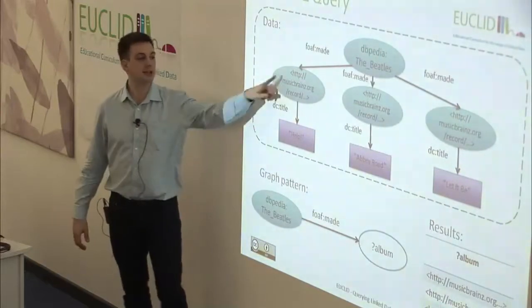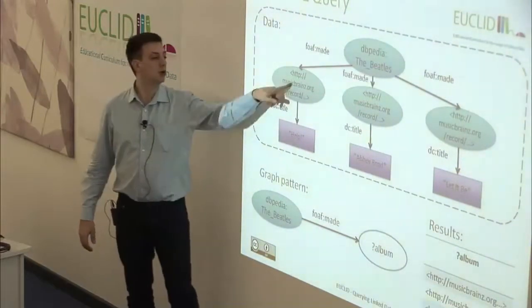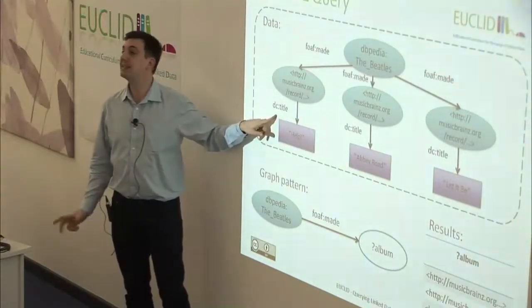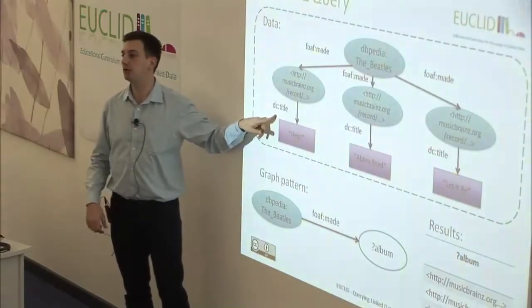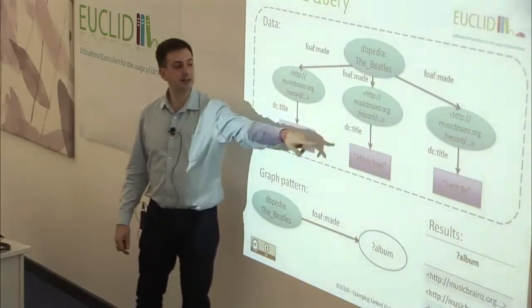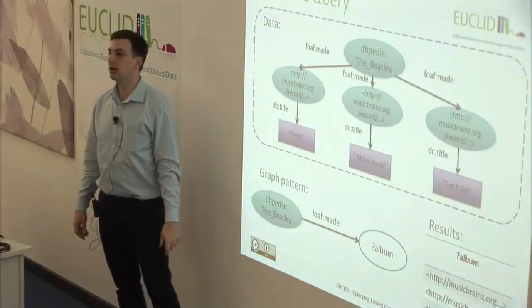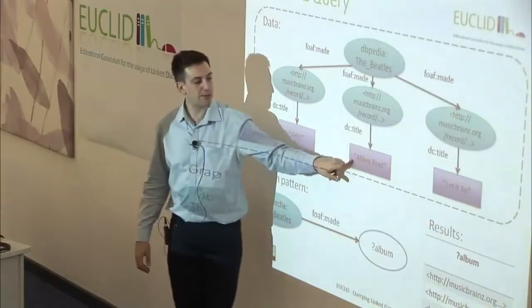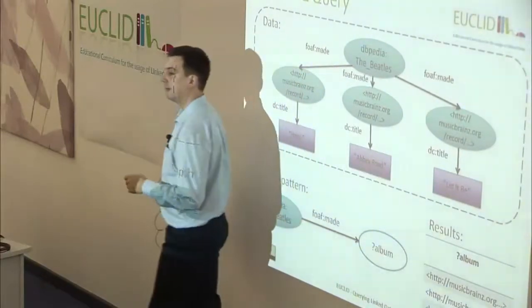Attached to those resources, we have relationships in the property title from the Dublin Core vocabulary. So we give labels to these things with title, okay? And that actually helps us to understand. Here we're talking about the album Help, the album Abbey Road, and the album Let It Be.